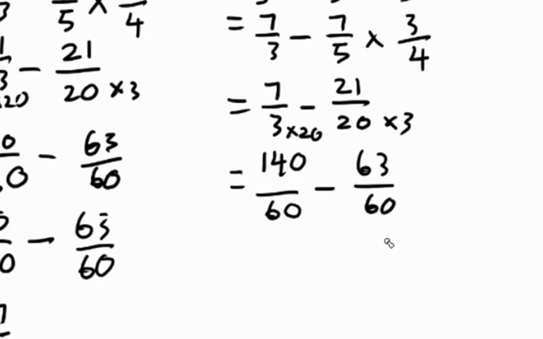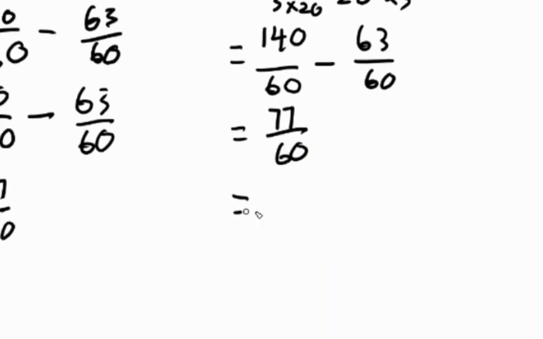So 140 minus 63 will equal 77 over 60. And now we will convert this to a mixed fraction, which is 1 and 17 over 60.